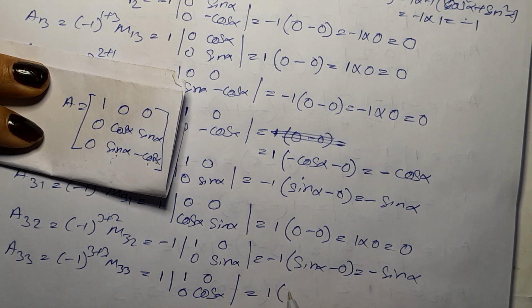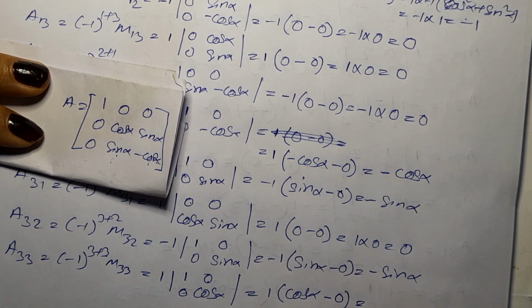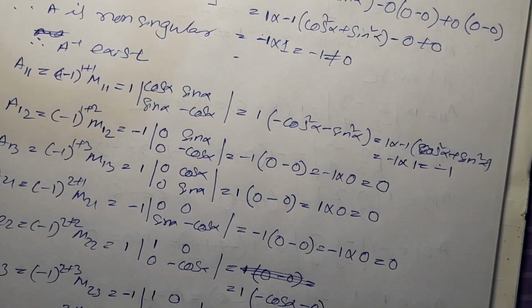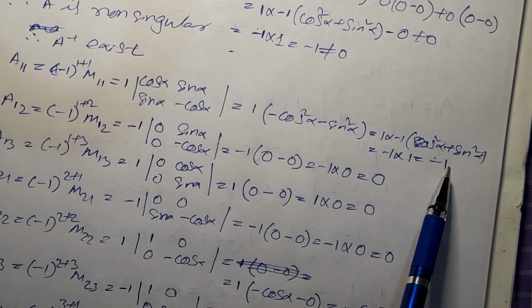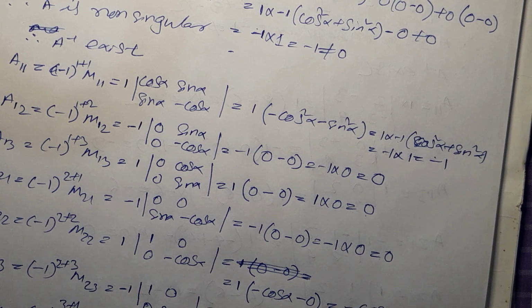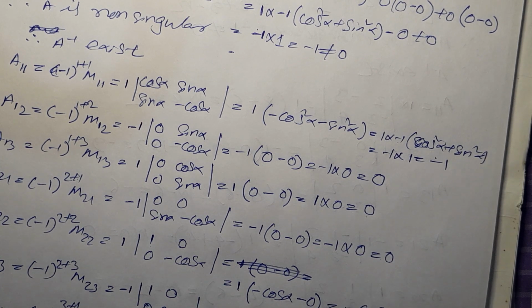So 1 bracket cos alpha minus 0 is equal to 1 into cos alpha, so it will give cos alpha. So we got all the cofactors: A11 minus 1, A12 0, A13 0, A21 0, A22 minus cos alpha, A23 minus sin alpha, A31 0, A32 minus sin alpha, A33 cos alpha.